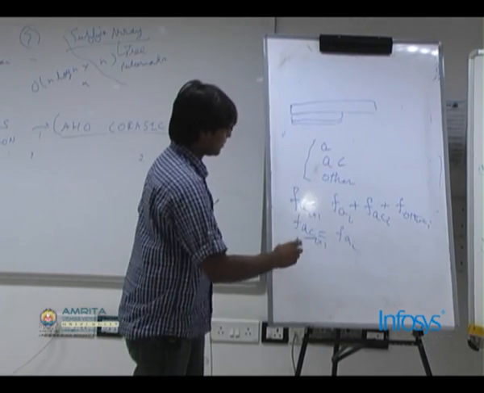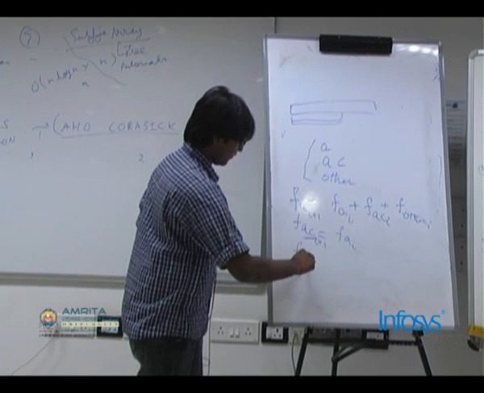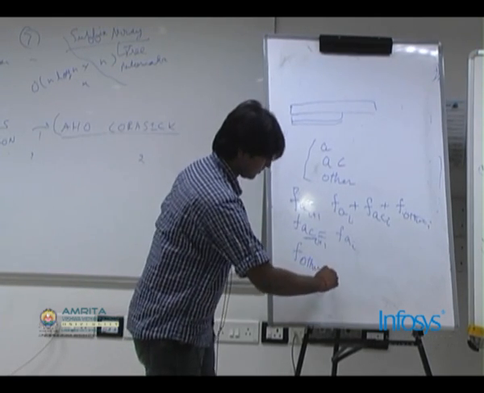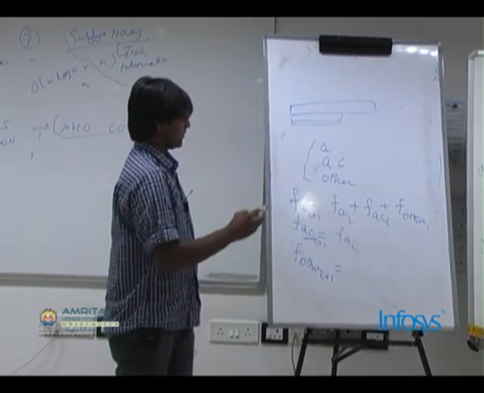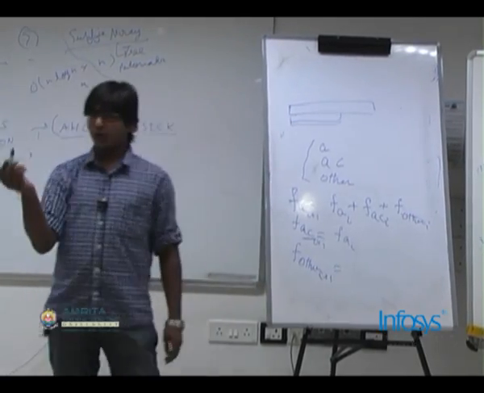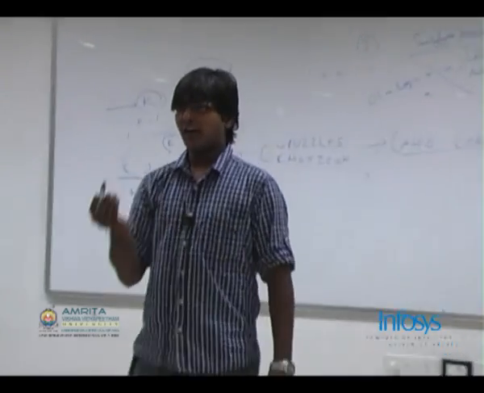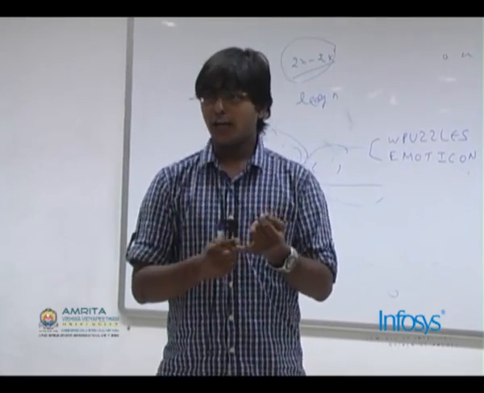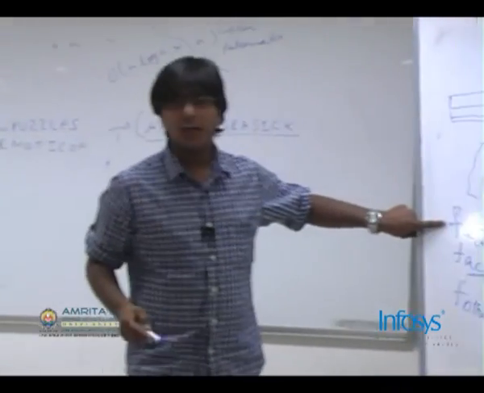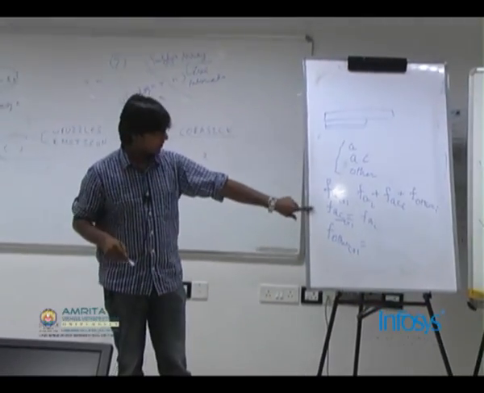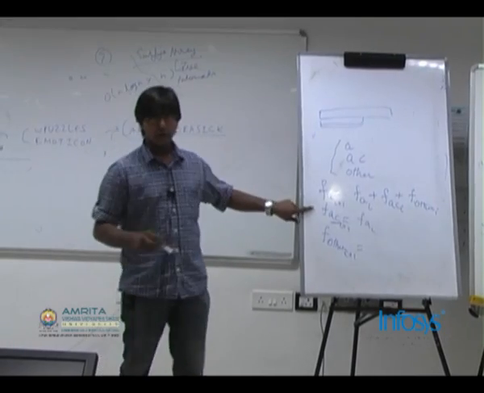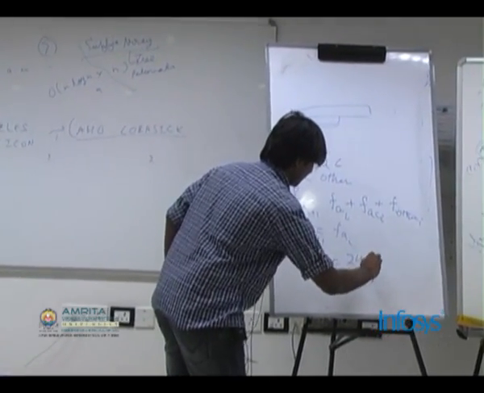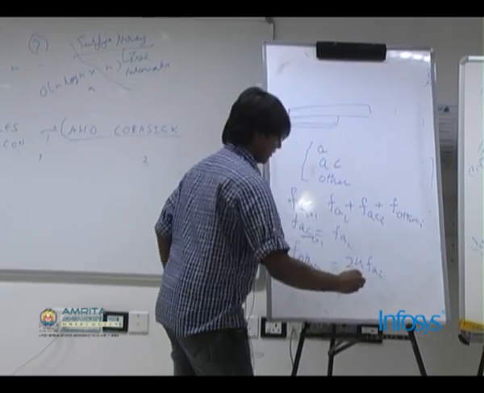And similarly, for ending with some other character, if the previous character was A, then this character cannot take A, otherwise it will fall in the category of ending with A. It cannot take C because otherwise it ends up in AC. So there are 24 choices, so 24 into f of A at i.